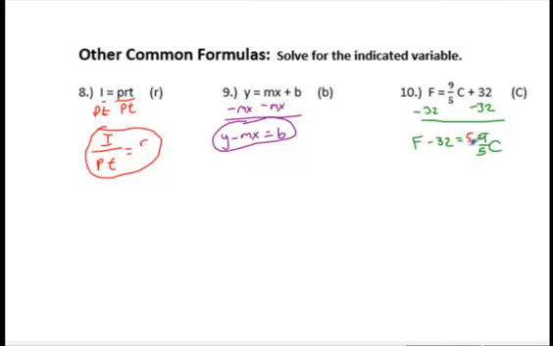So multiply both sides by 5/9. On the left side, the 5/9 has to multiply the quantity f minus 32, so you need parentheses around that f minus 32. So your final answer should read C is equal to 5/9 times the quantity f minus 32.